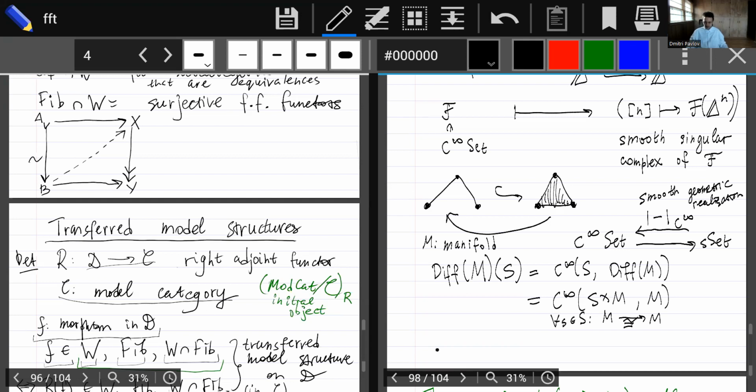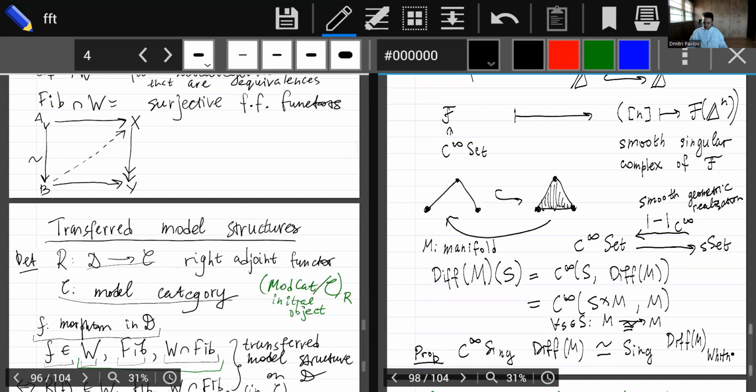And it's a little proposition, which of course I'm not going to prove for you here, that the smooth singular complex of the diffeomorphism group is weakly equivalent to the topological singular complex of the diffeomorphism group as a topological group equipped maybe with some kind of Whitney topology.